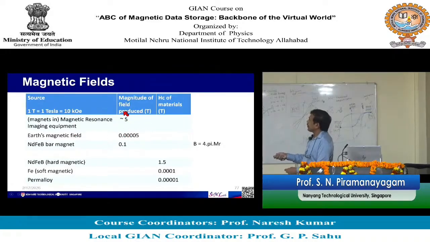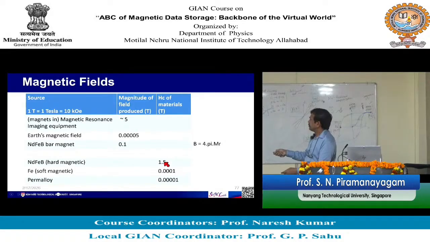Now I show the material property. For example, neodymium iron boron is a hard magnetic material. It has a coercivity of 1.5 Tesla. That means, if you want to change the polarity of this neodymium iron boron magnet, you need something like a 5 Tesla magnet.